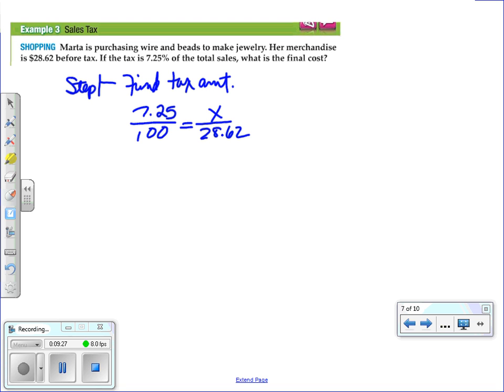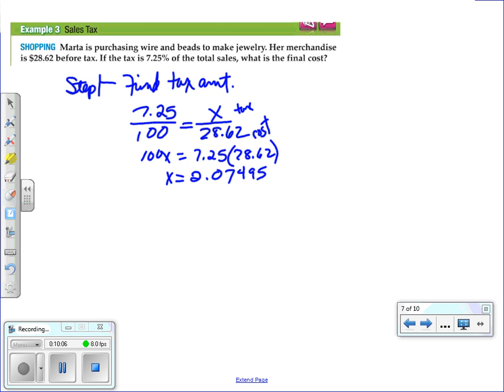So you want to know how much, 7.25 compared to 100, how much of this will be the tax compared to the cost of whatever we're buying, wire and beads, right? So you cross multiply, you get 100x equals 7.25 times 28.62. Yes, you can get out your calculators for this one, and you would find out that x equals 2.07495.